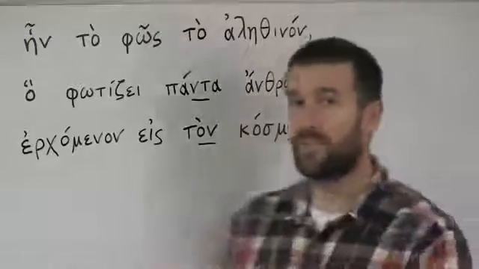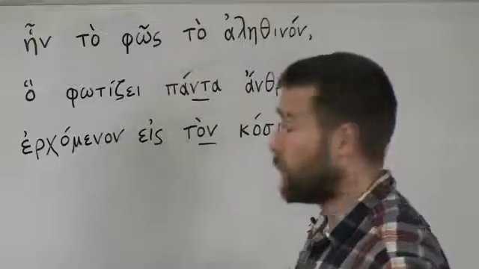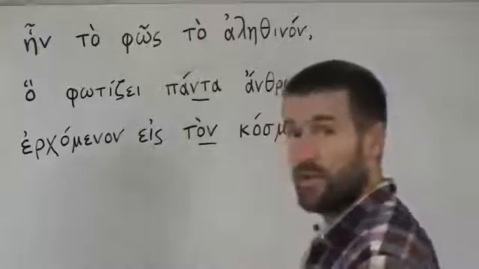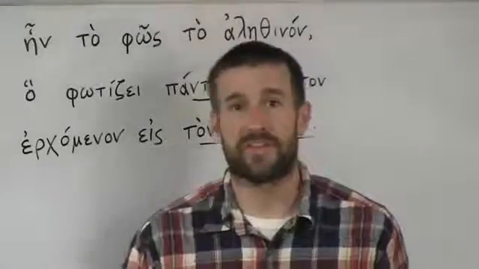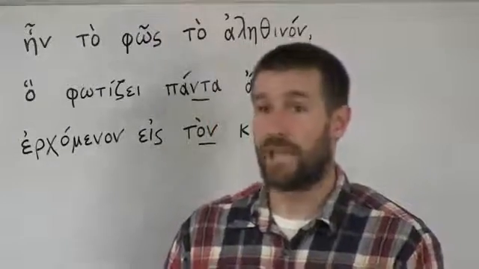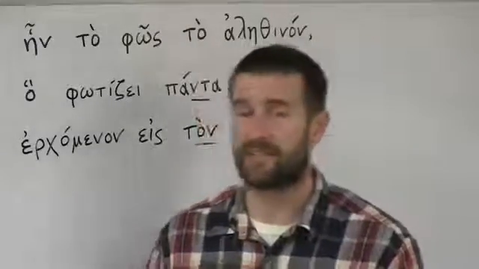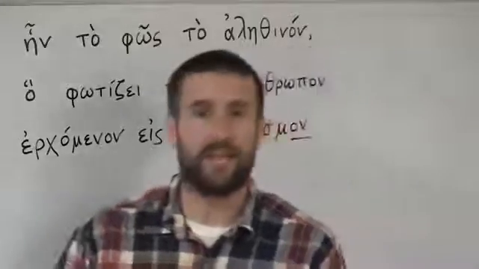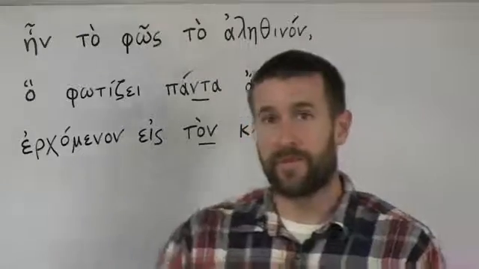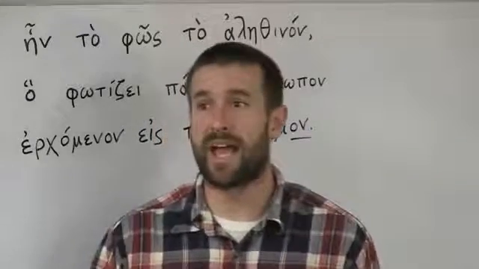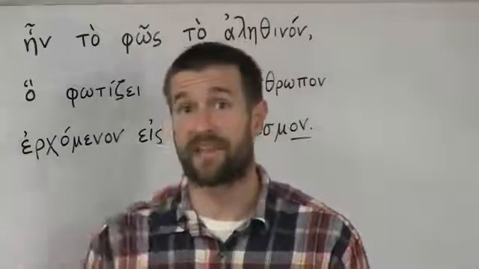Now let me give you a little trick that's been really helpful for me and a lot of other people to remember which case to use with which preposition. I've mentioned that a lot of prepositions take the genitive case, a lot take the dative case, and a lot take the accusative case. How do you know which one to use? If you remember, the accusative case is usually used for what we would have in English as the direct object, the one directly receiving the action of the verb.